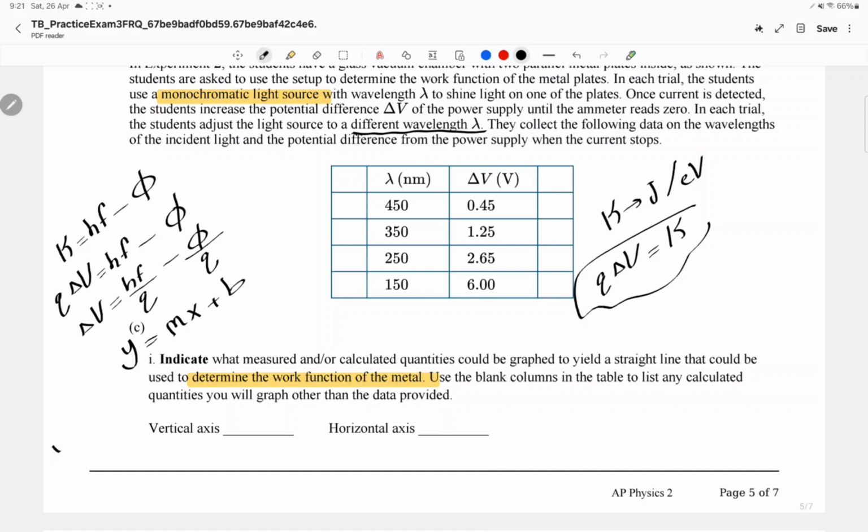So our y-axis is delta V, our x-axis is the f, our slope is h over q, our y-intercept is negative work function over q. So the vertical axis is the y-axis, which is delta V, any change in voltage. Horizontal axis is going to be the frequency.